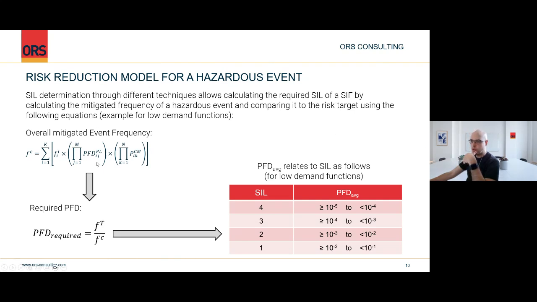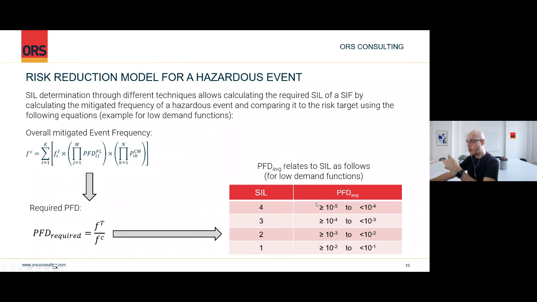We multiply the probability of failure on demand of all the independent protection layers by the probability of occurrence of the condition modifiers, by the frequency of the initiating event, and then add that for all the initiating events. If we divide the target frequency by this mitigated event frequency that we're calculating, we will get the SIL for our safety instrumented functions, right?